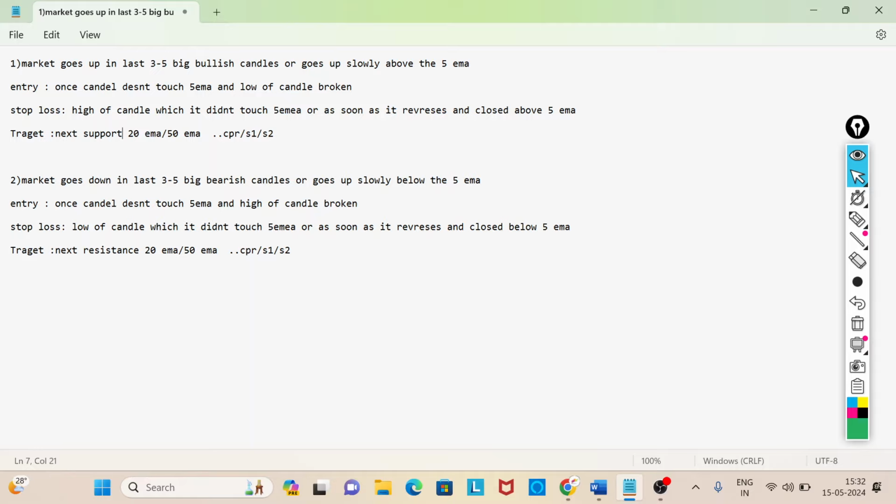Our entry would be once a candle doesn't touch the 5 EMA and the low of the candle is broken. Let me explain.